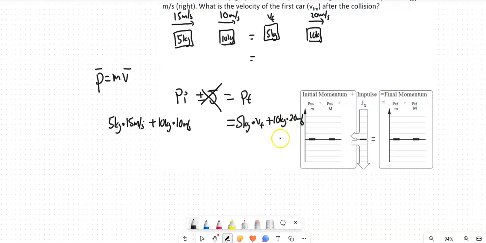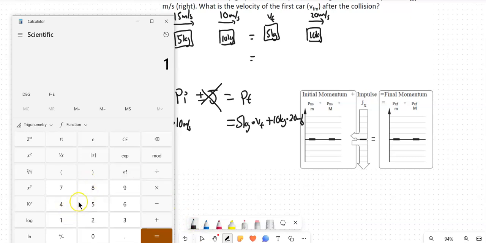In this problem, you can do it this way, or you could use the storyboard way, but also you should be using this. So this is 15 times 5. What's 15 times 5?